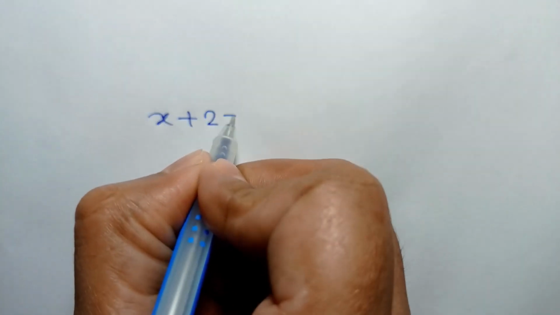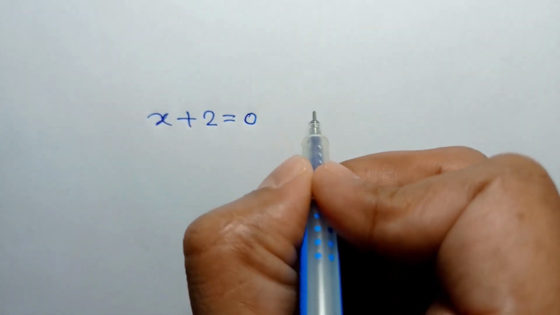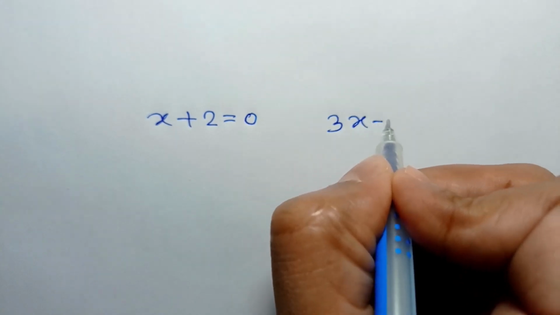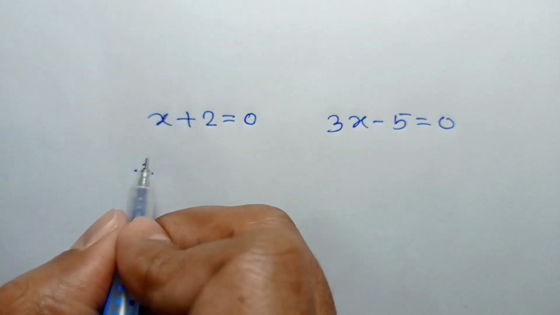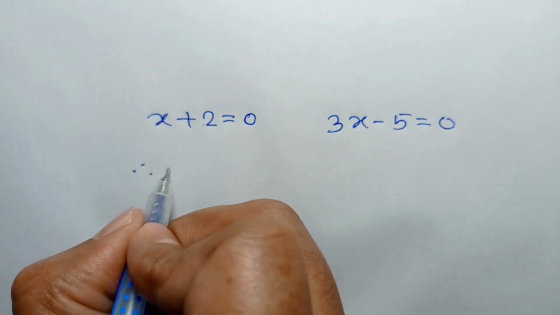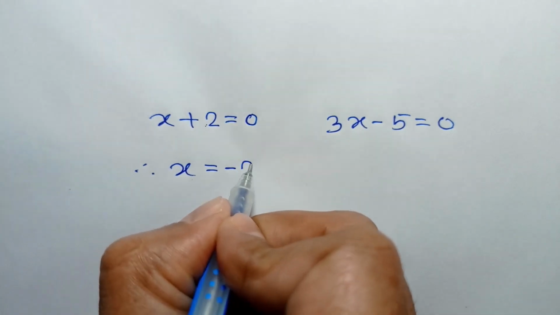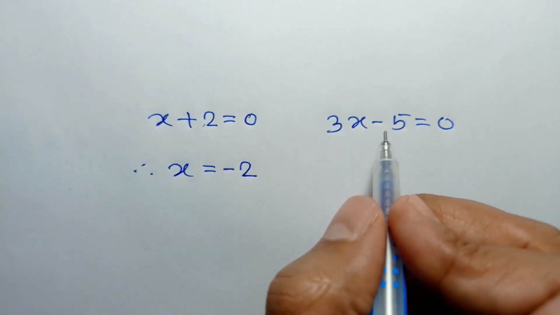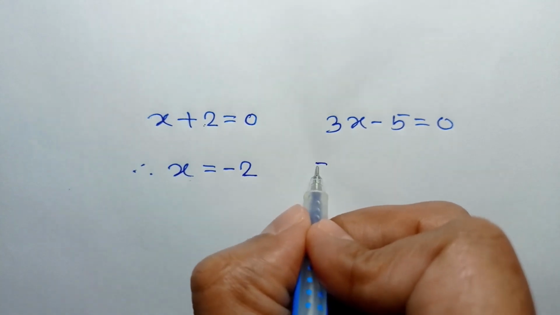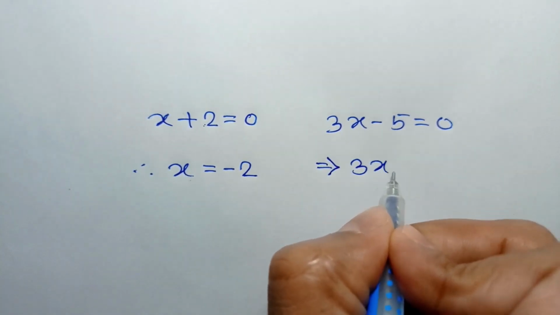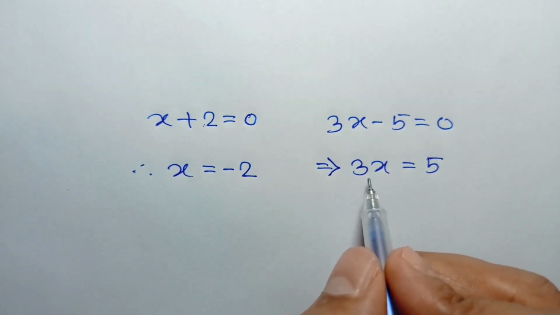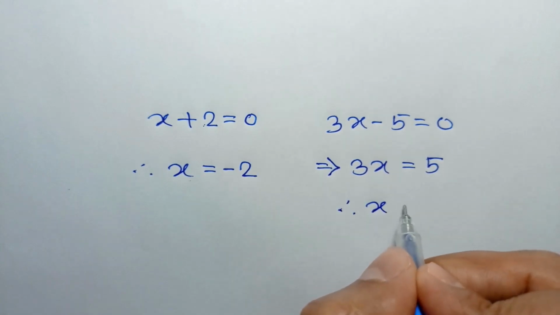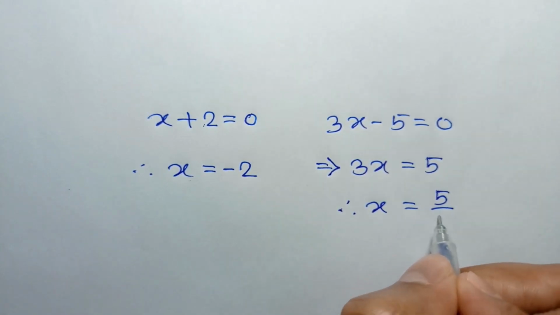So x plus 2 is equal to 0 or 3x minus 5 is equal to 0. So taking this 2 to the right side, we can write x is equal to negative 2. And taking this 5 to the right side, we can write 3x is equal to 5. Dividing both sides by 3, we will have x is equal to 5 over 3.